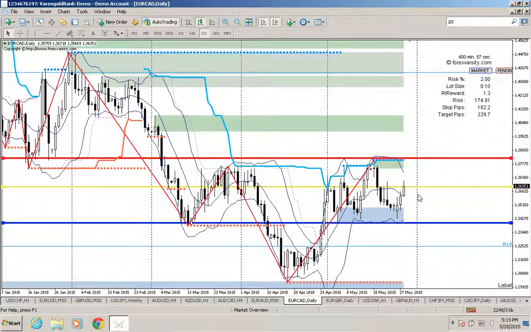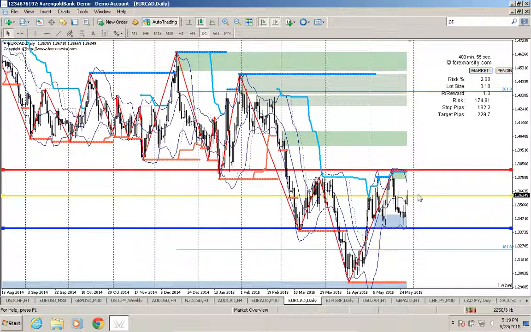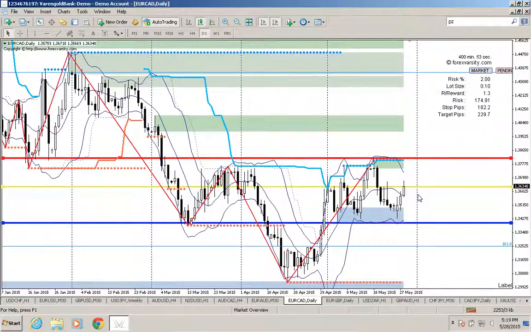So this is our options on the EuroCAD. I see we even have previous support where it bounced off the previous time.